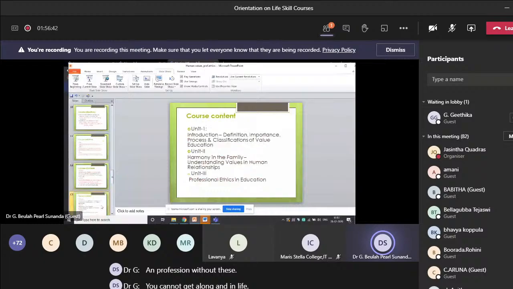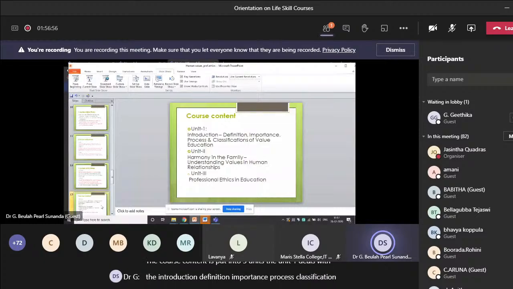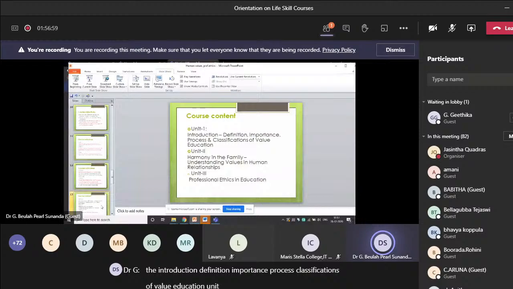The course content is put into 3 units. Unit 1 deals with the introduction, definition, importance, process, and classifications of value education. Unit 2 deals with harmony in the family, understanding values in human relationships, and professional ethics in education in the 3rd unit.